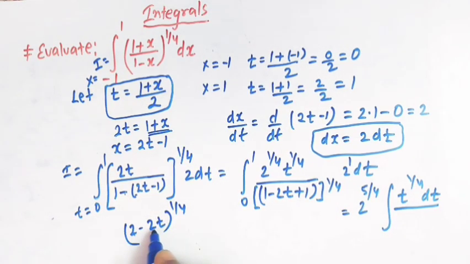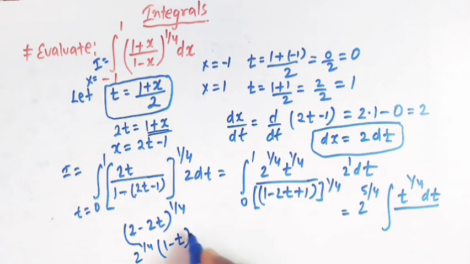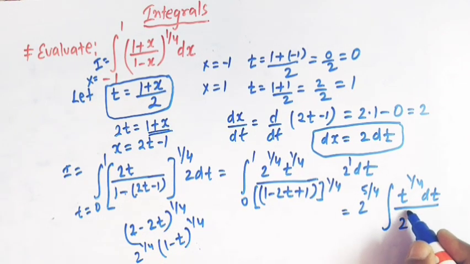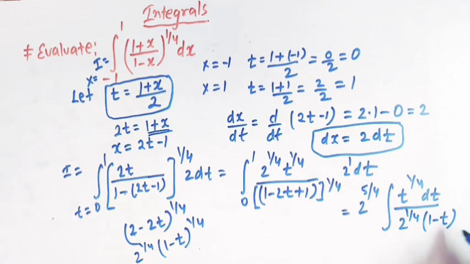Taking 2 common, we have 2 raised to 1 over 4, and (1 minus t) raised to 1 over 4.